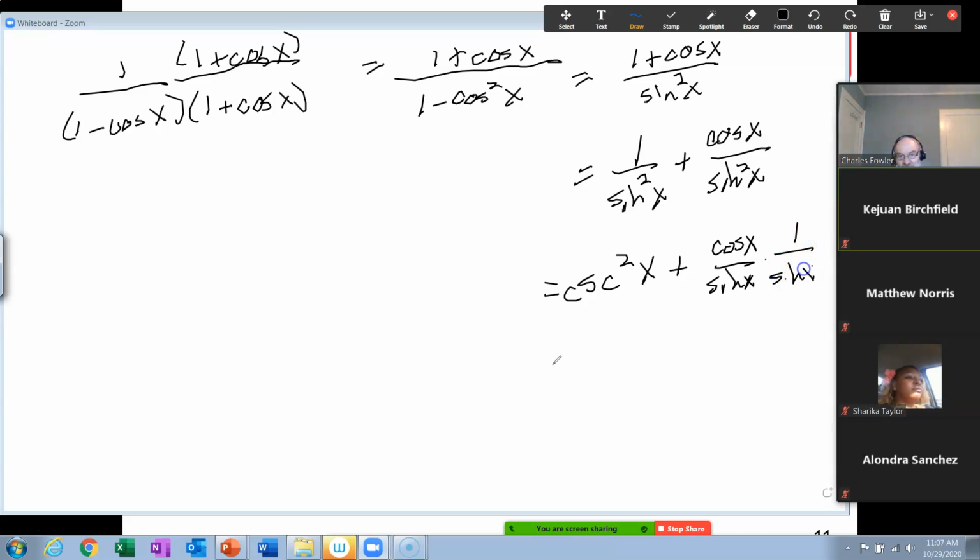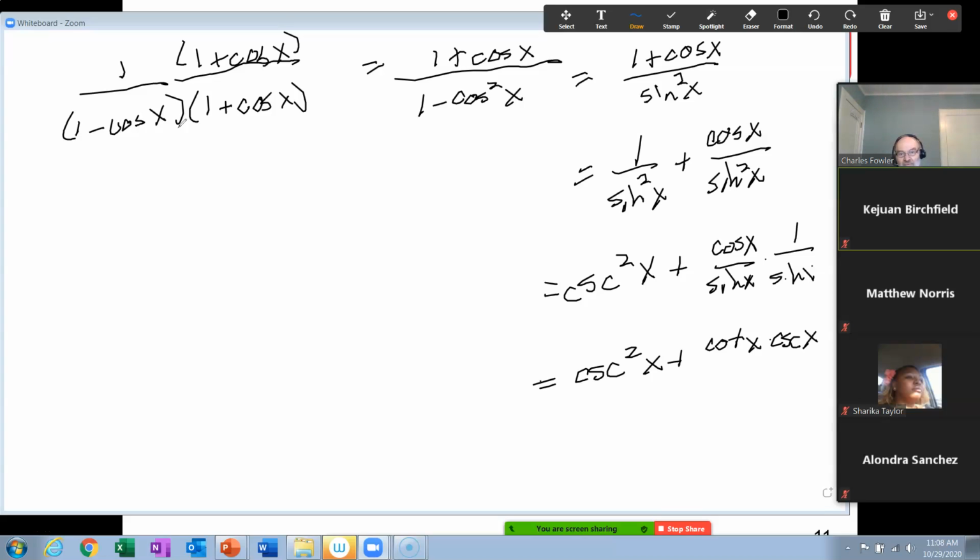Okay, what does that give you? Cosecant squared x plus, this is cotangent x, and this is cosecant x. That's a lot simpler than, well, you lost your denominator. That's the key. Anytime you can lose denominators, it's usually a pretty good idea. Okay?